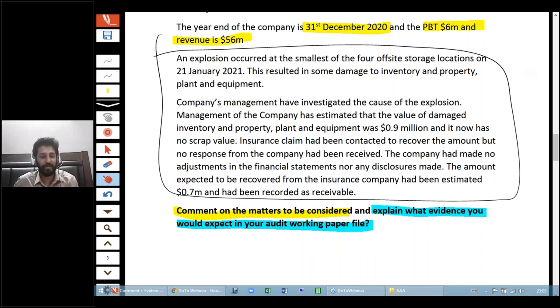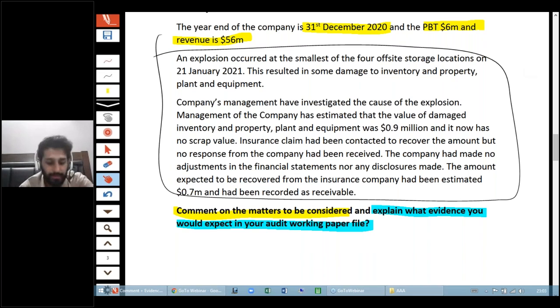Even if you know how to draft the answer, picking up the correct accounting standard is one of your weak points. Nabil Sharif, you have identified the correct accounting standard, that is IAS 10. It's not a game of IAS 38 or IAS 36 or IAS 37. It's a game of IAS 10, right?